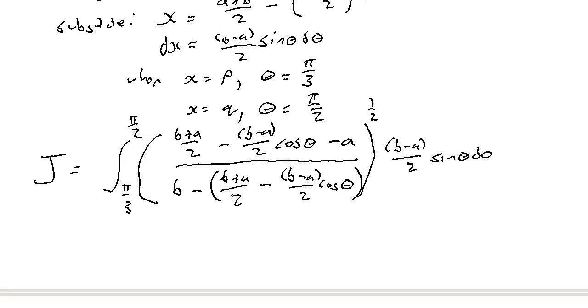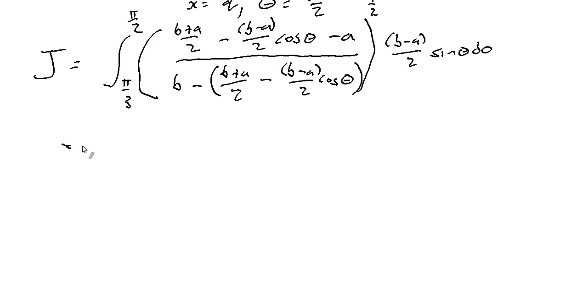Now, this (b minus a) over 2 here is lovely and a constant, so we can just take it out. We want one anyway in our endgame expression, so we can do it.